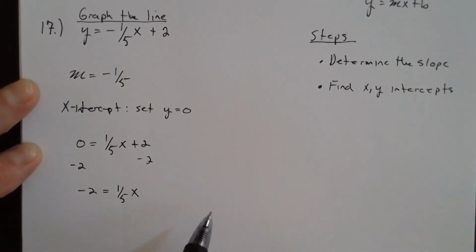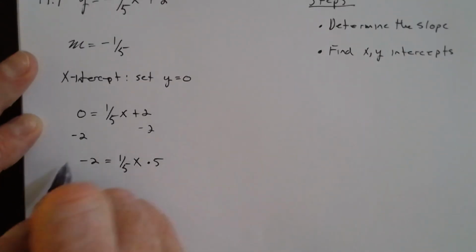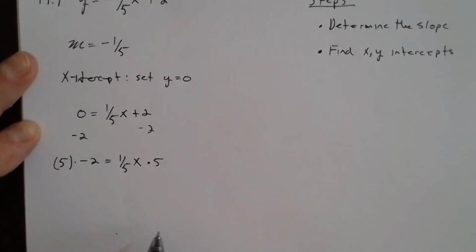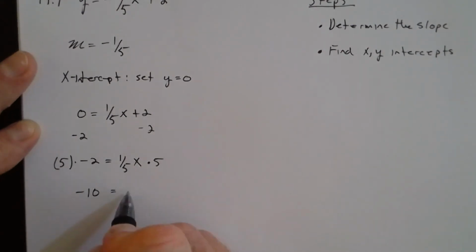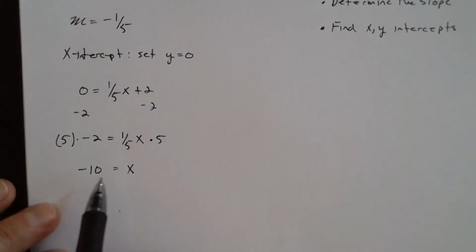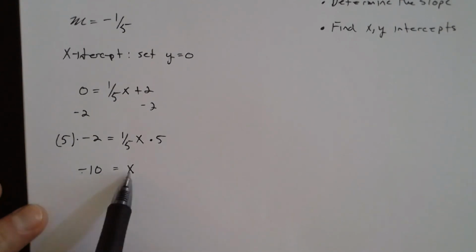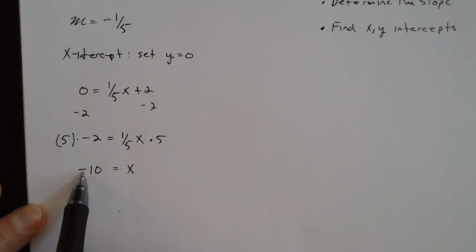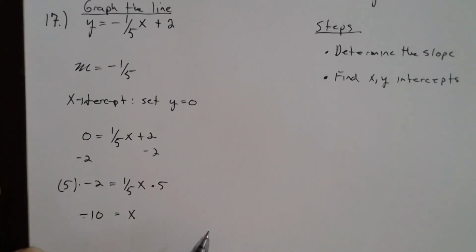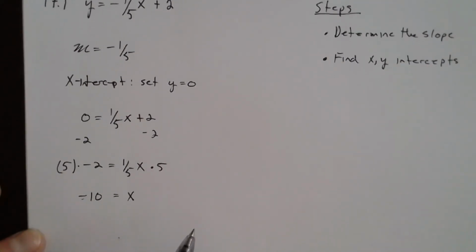And now we're going to multiply both sides by 5. So x is equal to negative 10 is going to be our x-intercept.